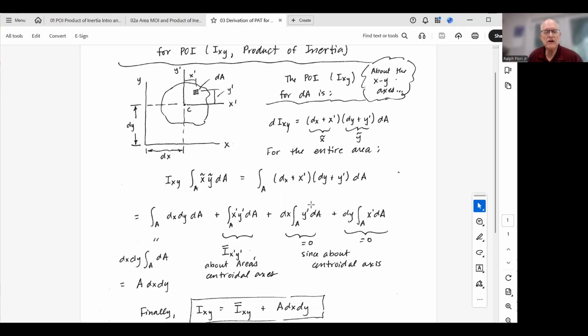Since these are about the centroidal axes, and dx is constant, it can be brought out of the integral. dy is constant, so it can be brought out of the integral. Since these are about centroidal axes, this integral of y dA is a moment equation about the centroidal axis.